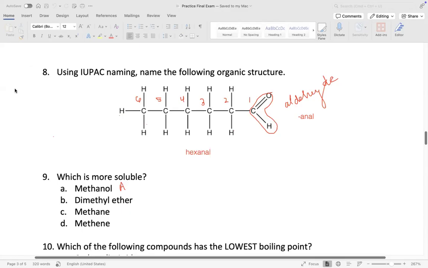I should start this thought process over. To figure out which one is more soluble, we want to compare functional groups. They all have different endings here, so they're all different functional groups. So my next step would be to figure out what each functional group is. A ends in -anol, which I know is an alcohol.